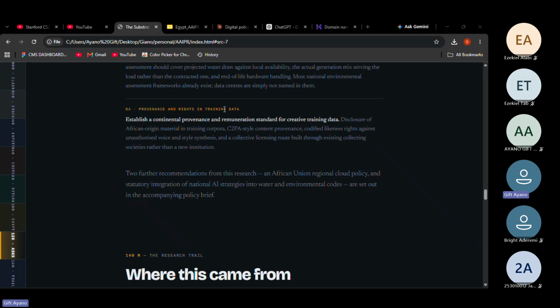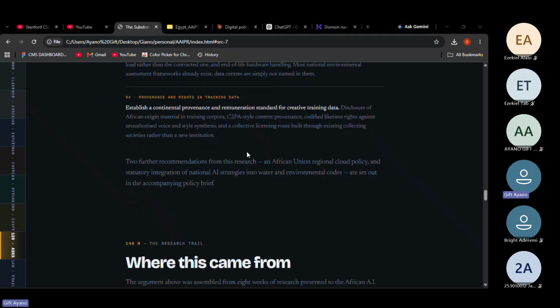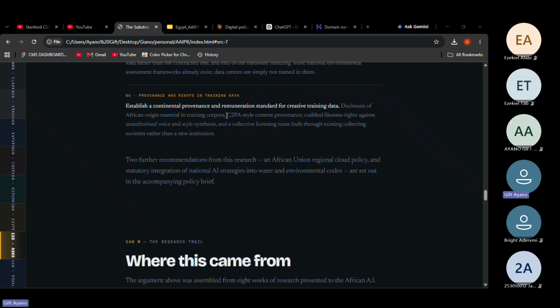When you produce a product, you have ingredients of what makes up the product. So C2P is like a label attached to every piece of our data that is going to be used, saying this data is from Africa. Wherever it's generated, it shows it, so that you won't have issues around rights and provenance in training data.